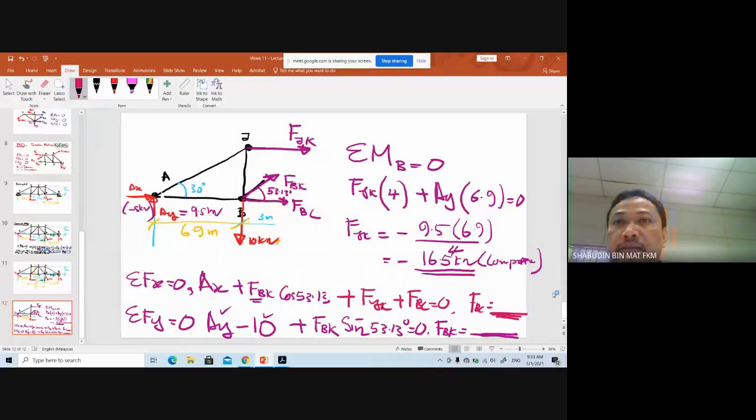So from the calculation, we have FBK is 0.59 kilonewton and FBC is 21 kilonewton.